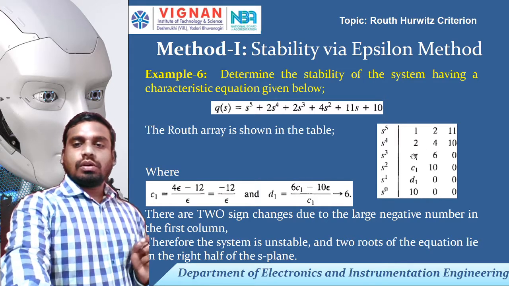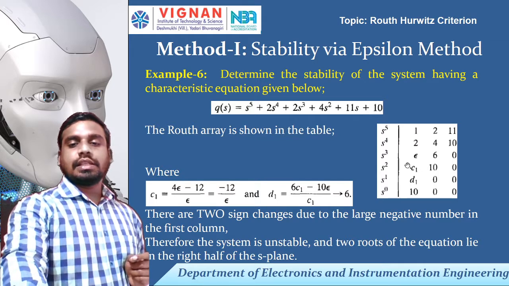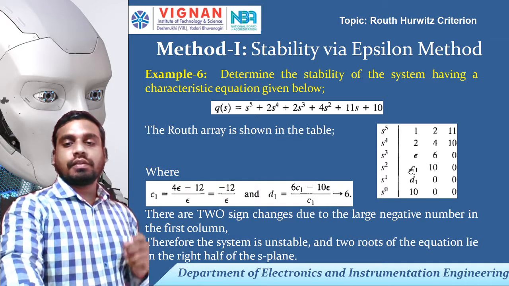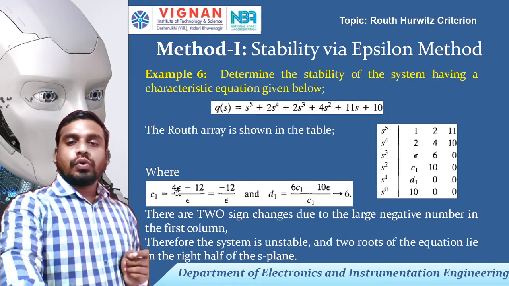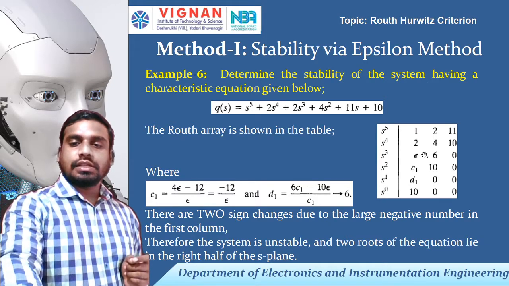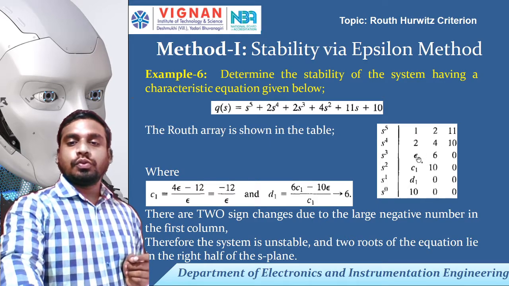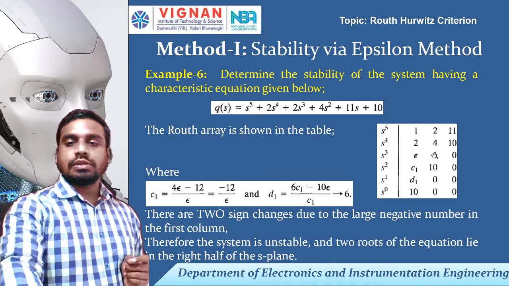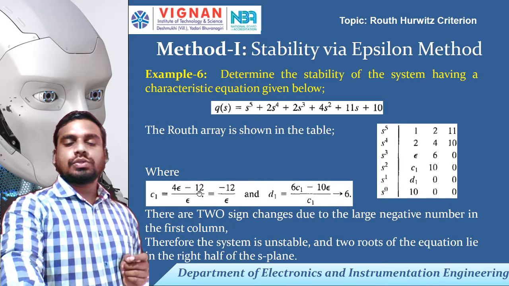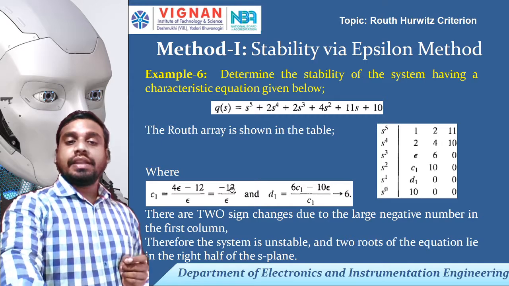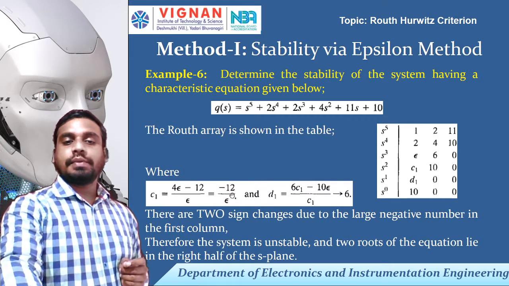Here, let us consider the s square row, whose first element is C1. C1 is 4 into epsilon minus 2 into 6, divided by epsilon. 2 into 6 is 12, so minus 12 by epsilon. C1 is minus 12 by epsilon.